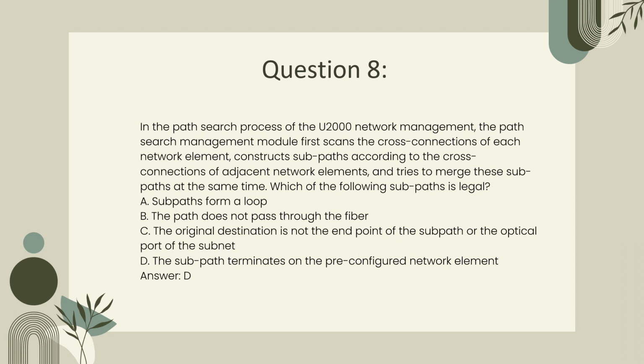Which of the following subpaths is legal? A. Subpaths form a loop. B. The path does not pass through the fiber. C. The original destination is not the endpoint of the subpath or the optical port of the subnet. D. The subpath terminates on the pre-configured network element.